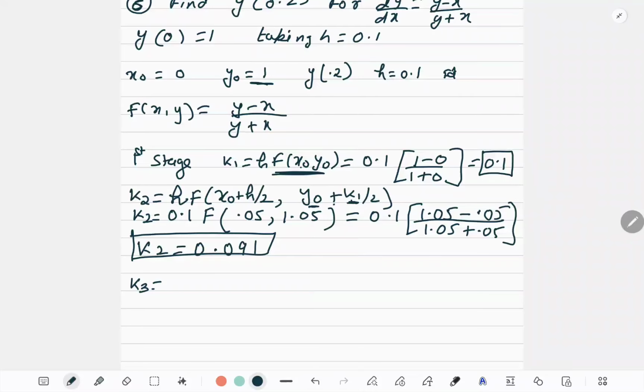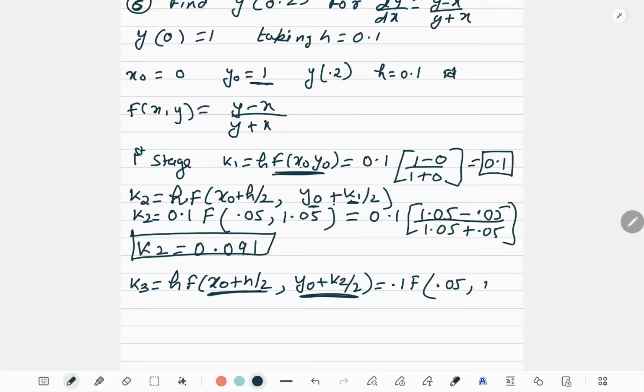Now K3. K3 is equal to h f of x0 plus h by 2, comma y0 plus k2 by 2. So 0.1 f of x0 plus h by 2, so 0.05, comma y0 plus k2 by 2. K2 is 0.091, so 0.091 upon 2 plus y0, and y0 is equal to 1.